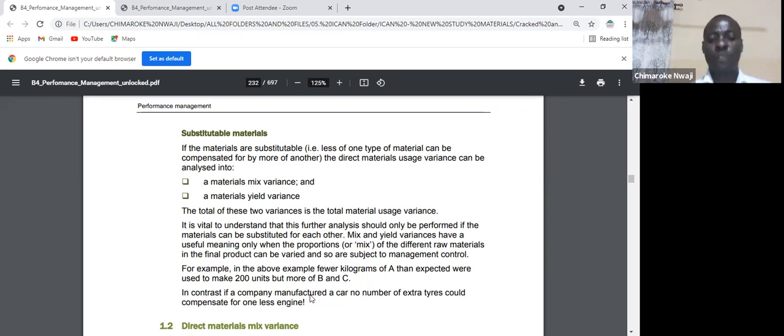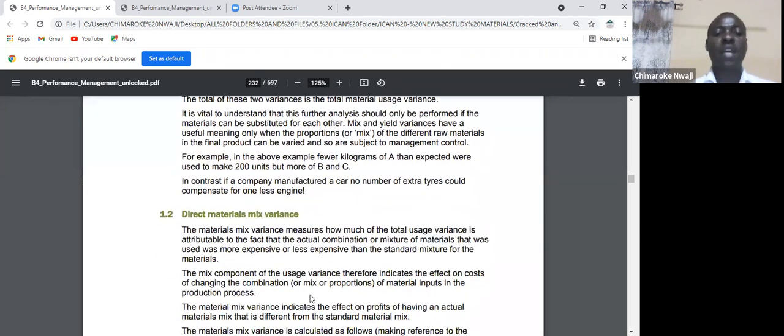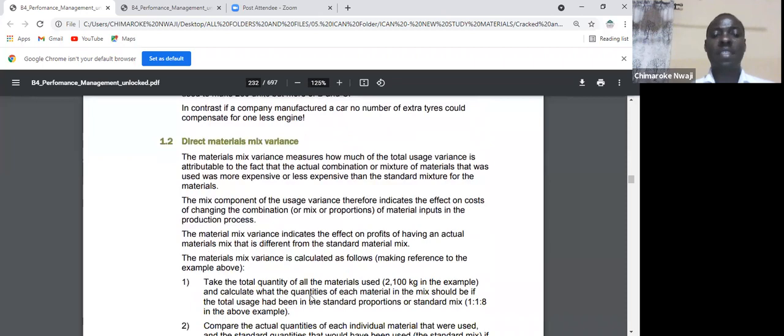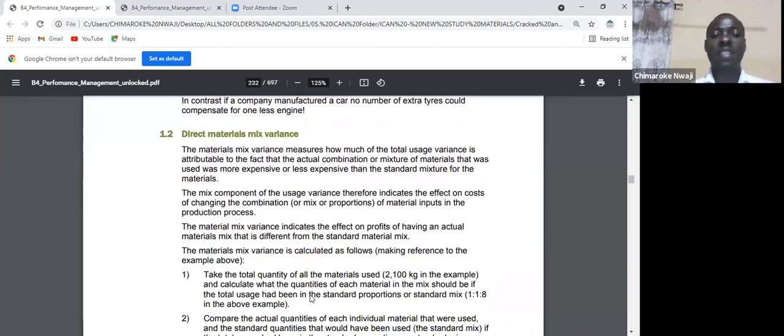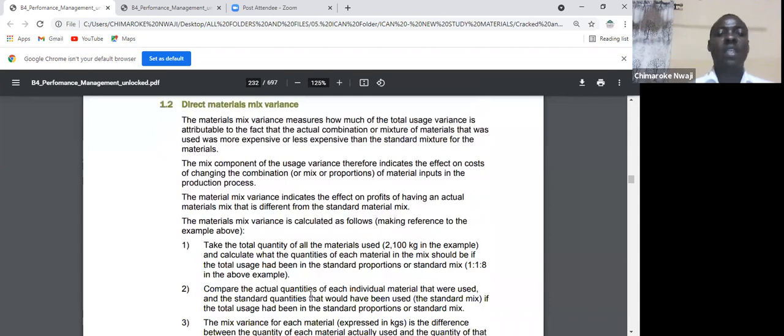Okay, so for example, let's look at the direct material mix variance and see how we can do that. The material mix variance measures how much of the total usage variance is attributable to the fact that the actual combination or mixture of materials used was more expensive or less expensive than the standard mixture of materials.